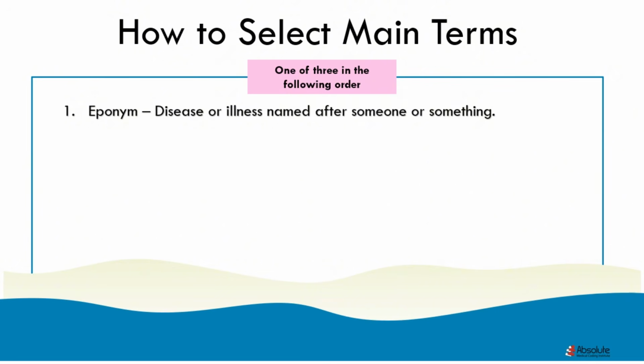An eponym is a disease or illness named after someone or something, such as Graves' disease, right? Or Addison's disease, Legionnaire's disease, right? It's named after something. This is number 1 because once you look up this eponym, it should take you straight to the code. There are no second or third steps.